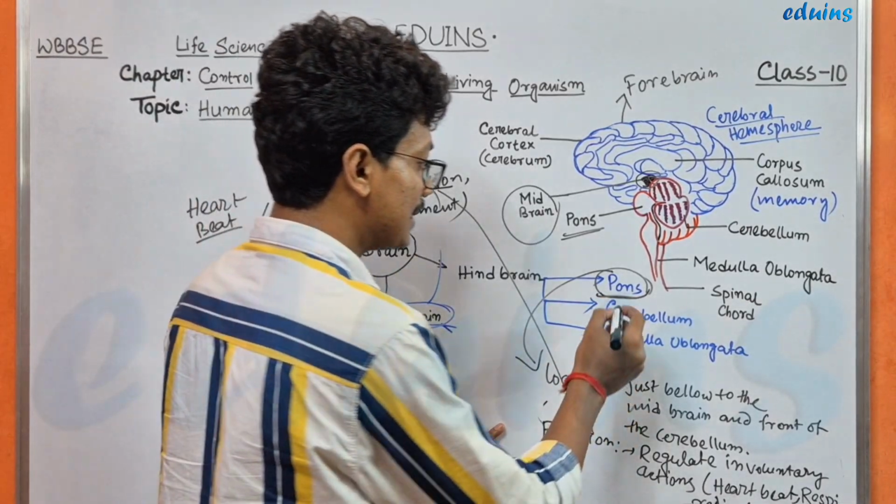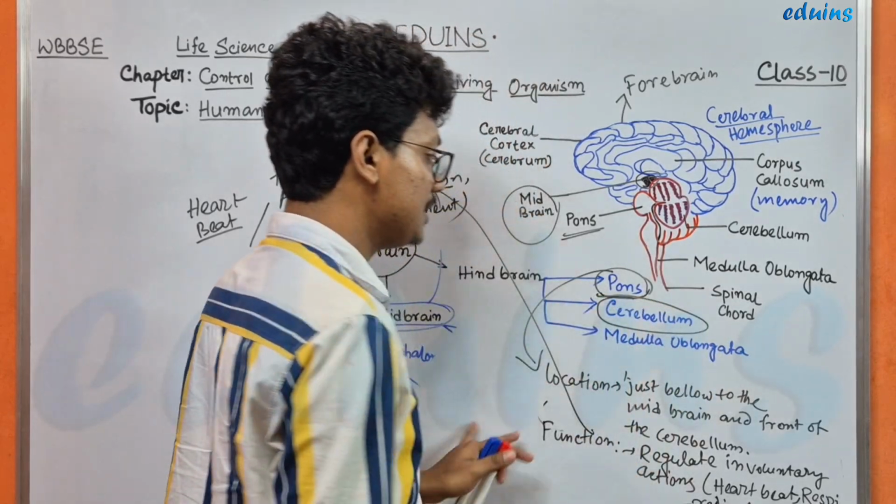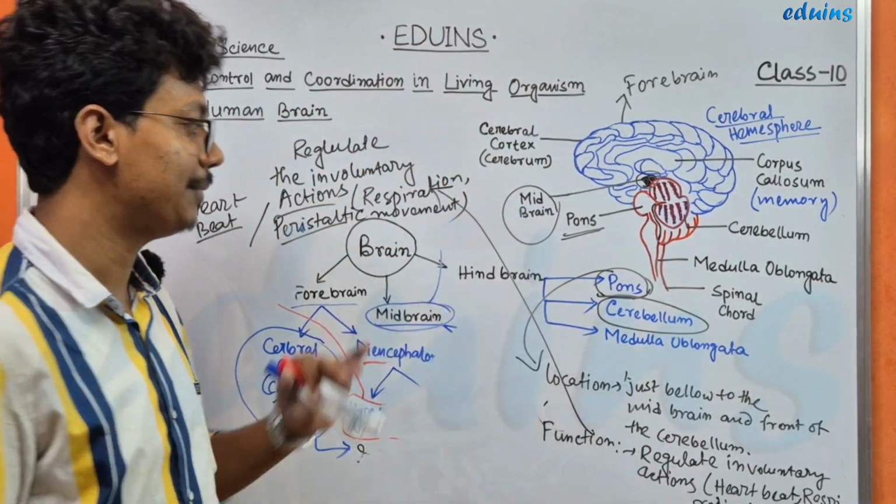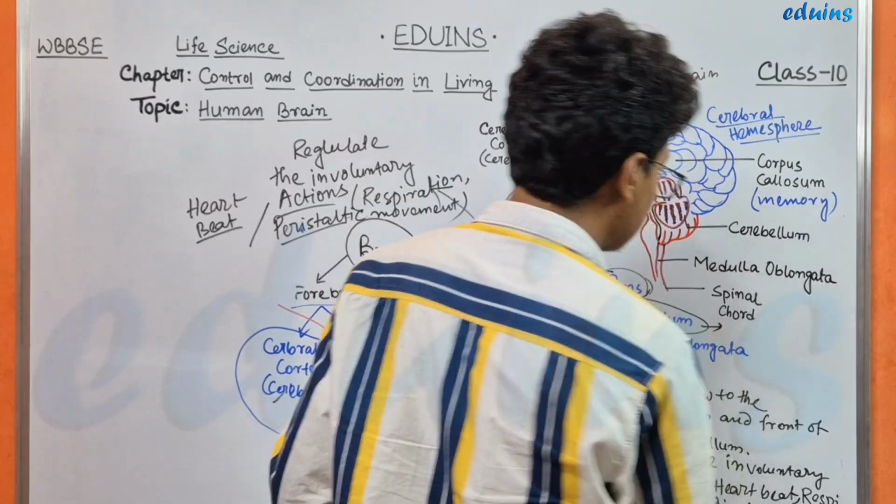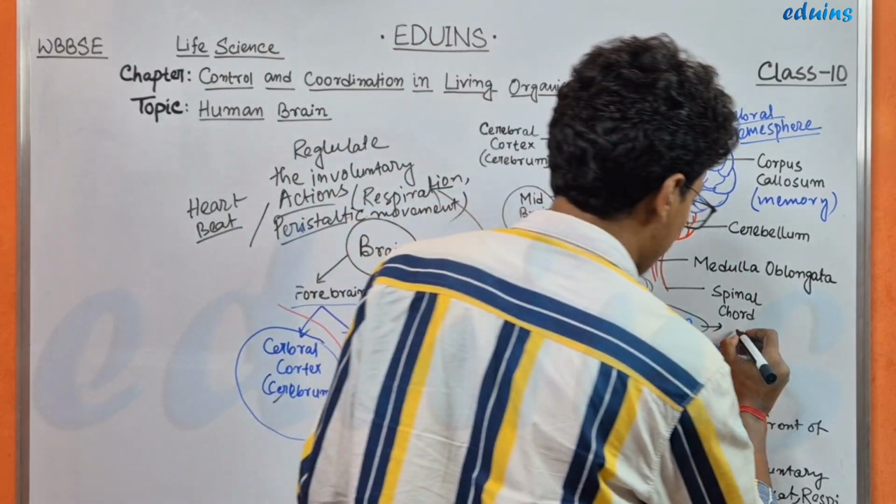Next one is the cerebellum, which is a very important part of the hindbrain, located just behind the pons.